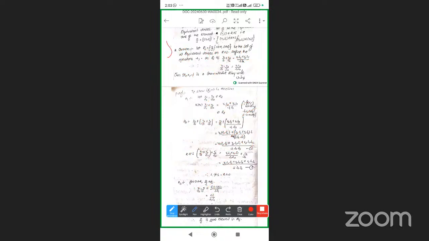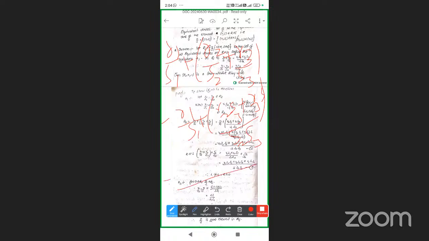Next is the associative property. What is the associative property? R1 by S1 plus R2 by S2, plus R3 by S3, is equal to R1 by S1 plus R2 S3 plus R3 S2 by S2 S3. So we have to take the total LCM, which is S1 S2 S3.